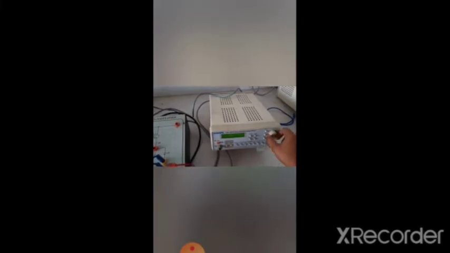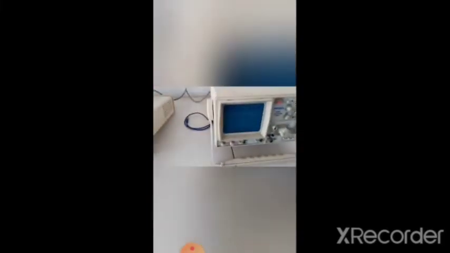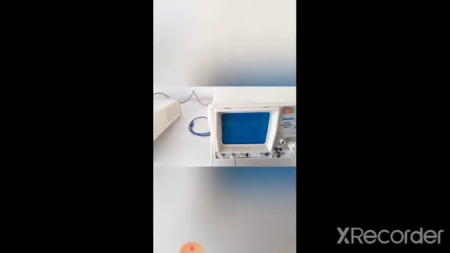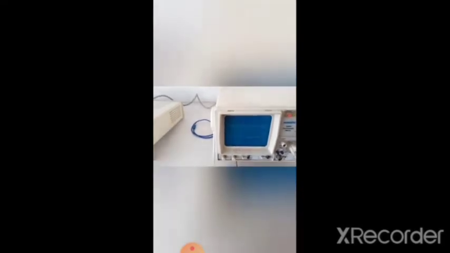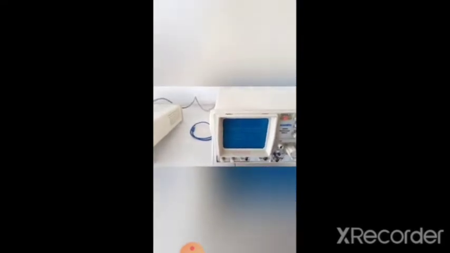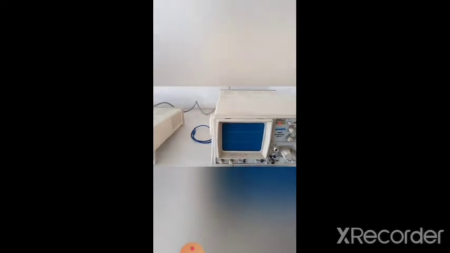Set it as 200 millivolt; earlier it was 100 millivolt. Okay, it is 200 millivolt, and you can see the amplitude of the output voltage increases. Now we are going to note down all these values in the observation table.